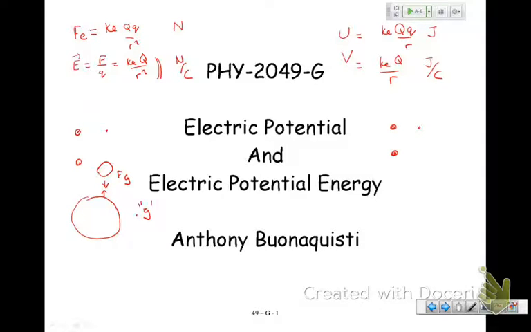Isn't that what we do? Little g is measured in newtons per kilogram. Isn't that like newtons per coulomb? So electric field is like little g. Little g is not 10 meters per second squared, it's newtons per kilogram. Yeah, that's the conversion.